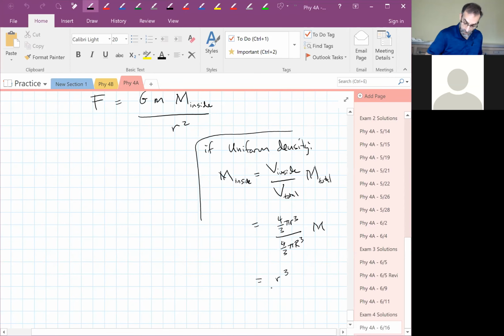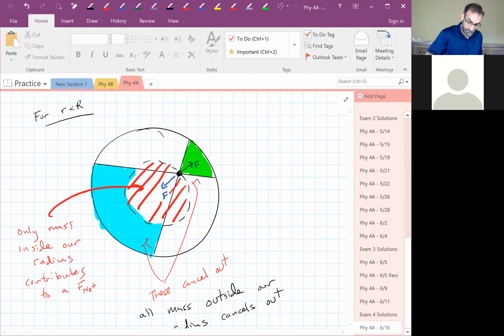R cubed over R cubed. So this would be capital R, and this would be lowercase r.